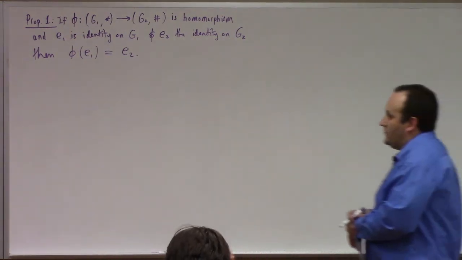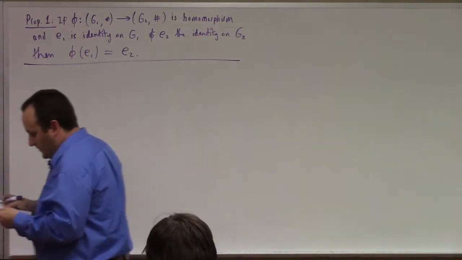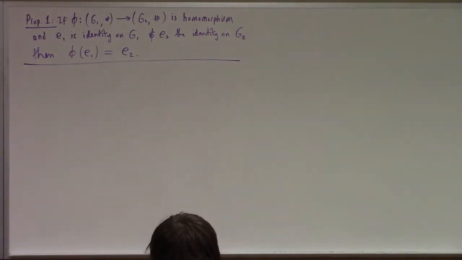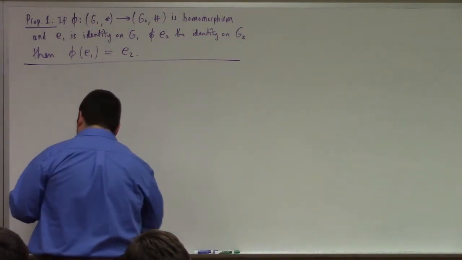So we have to prove this proposition with the tools at our disposal, which are just the axioms of a group and the definition of homomorphism at the moment. Proof.